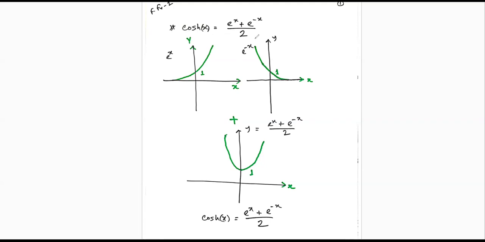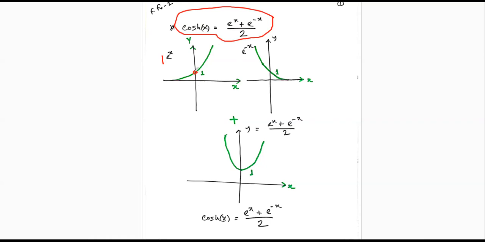So what is a cost function? How does it look? This is the equation. If I plot the graph, this is e to the power x. The amplitude is 1. If I put x equal to 0, that gives the value 1.